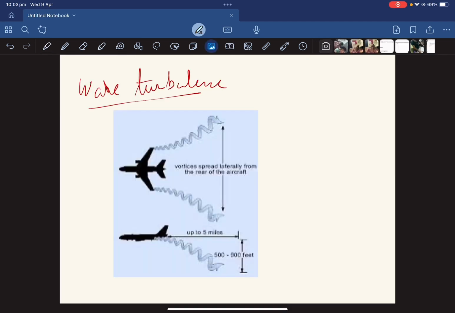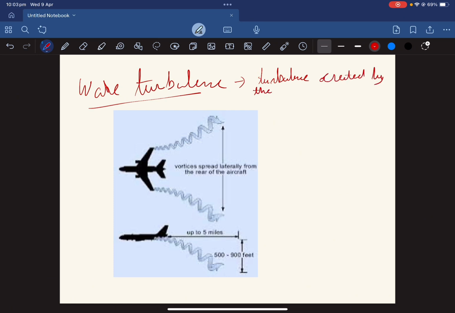So basically wake turbulence is the turbulence created by the passage of an aircraft due to wingtip vortices. So do you see? When your aircraft is moving forward, the wingtip vortices are moving backward, and these give you turbulence, and this turbulence is called wake turbulence.